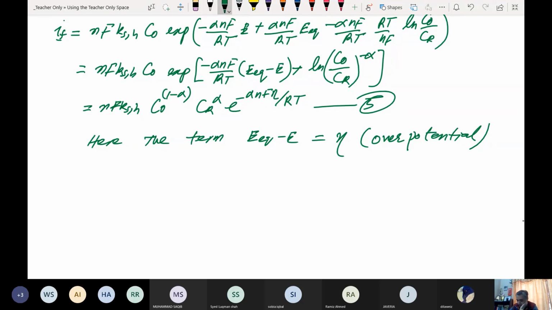Overpotential basically means the potential at which, because the potential is always applied, do you remember that we talked about zero current at a potential? What was that? We talked about something like zero current. Do you remember that?